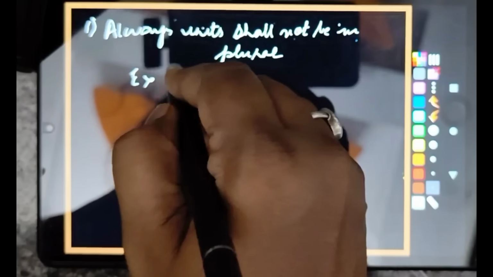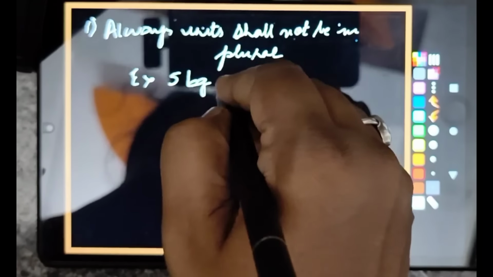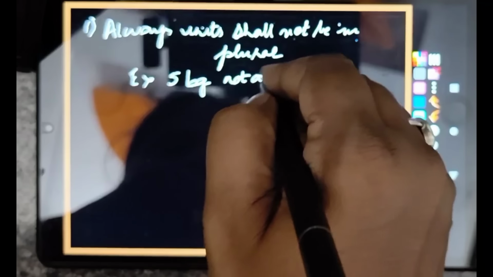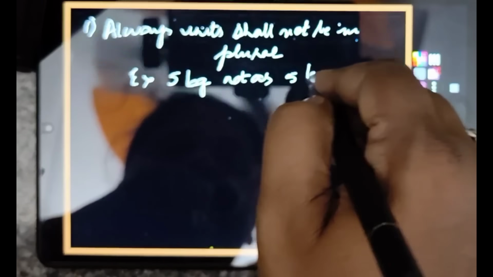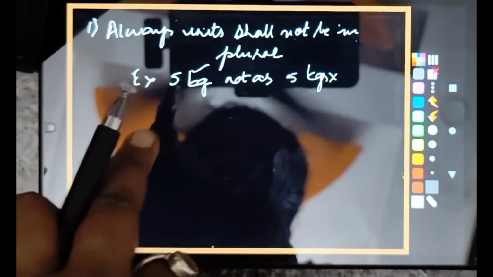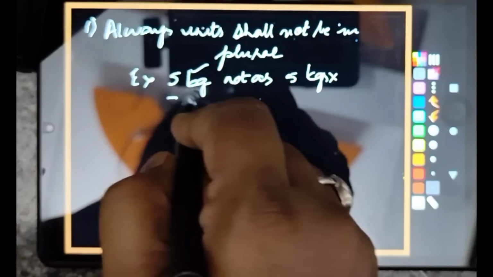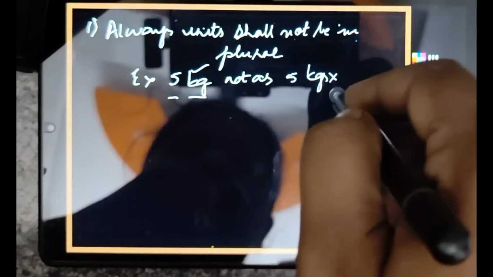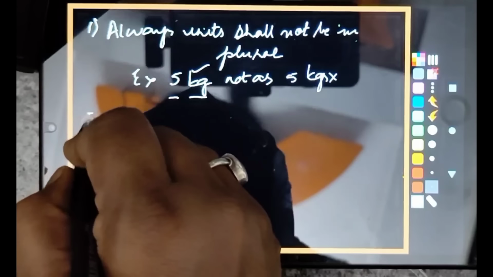Example, 5 kg, not 5 kgs. Okay, this is wrong, because the magnitude is written 5 times kg, so not 5 kgs.